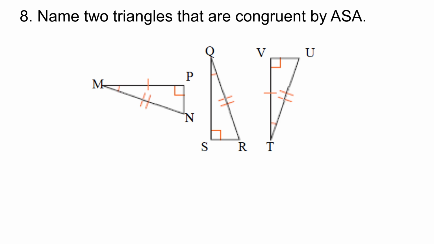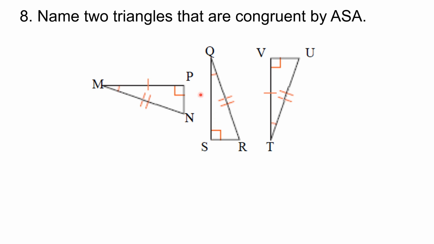So let's take a look at the triangle on the left. We have 2 sides marked and 2 angles marked, so we could do side, angle, side, or we could do angle, side, angle. This is definitely an option for angle, side, angle. Looking at the triangle in the middle, we have 1 side marked and 2 angles marked.